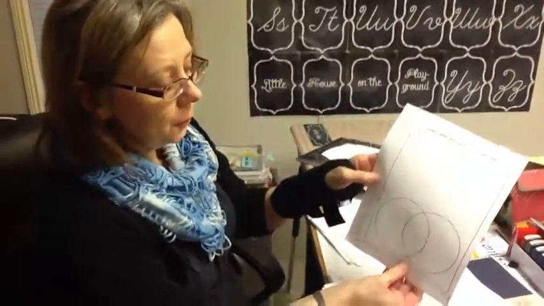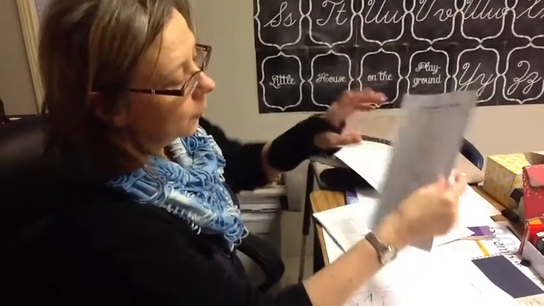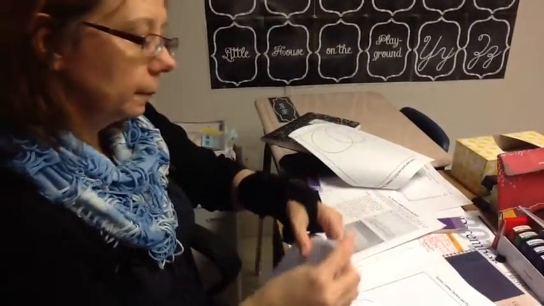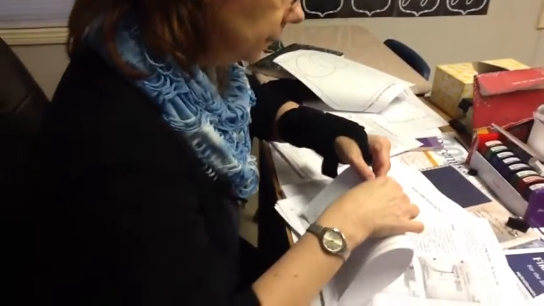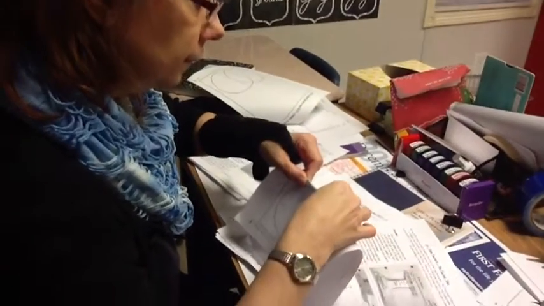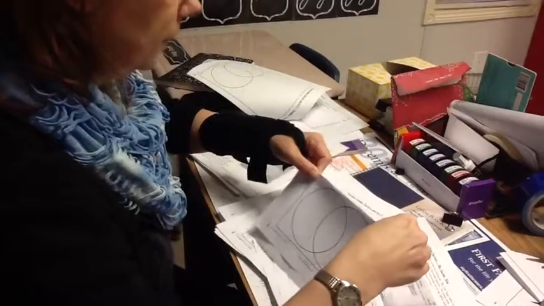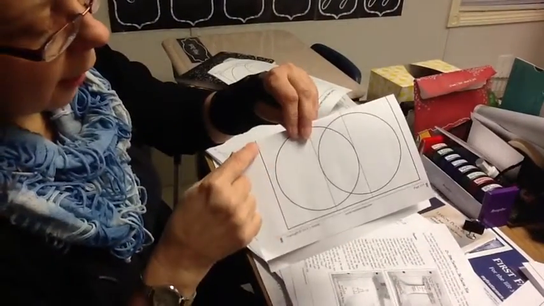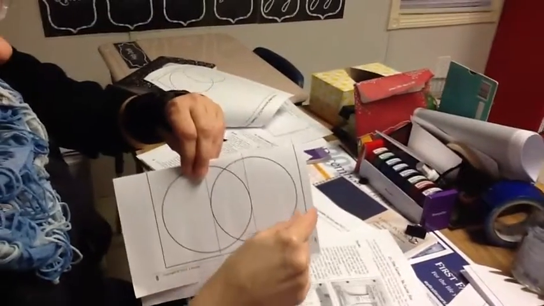So what we'll do is, once again, we're going to fold on this dotted line right here. And you're going to cut out along this dark line.